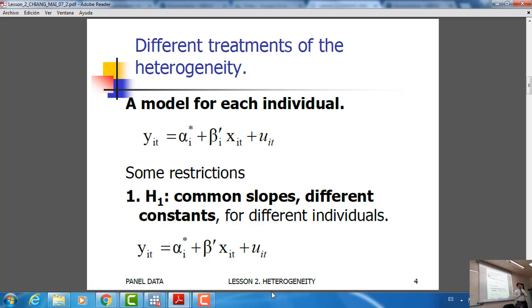Capital N. One for each individual. It is important to know: one for each individual, not ten. Then, how many betas do we have? How many for each individual? K. So is that a lot of heterogeneity or a little?